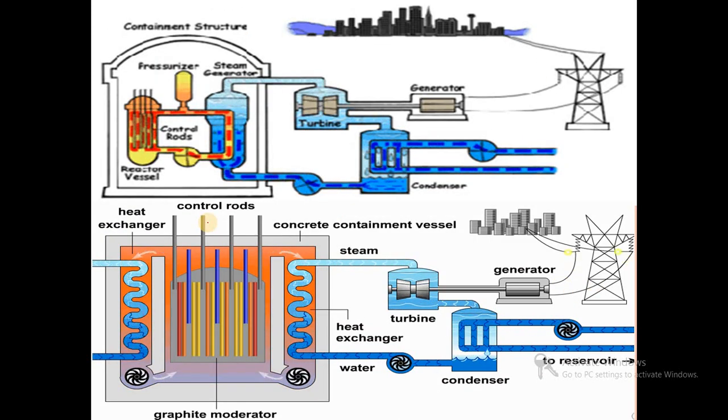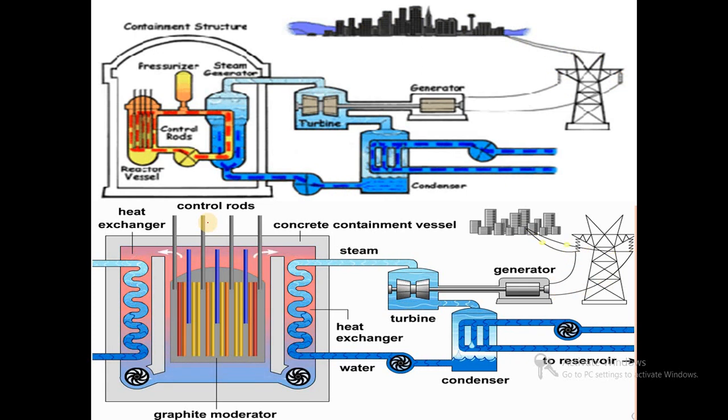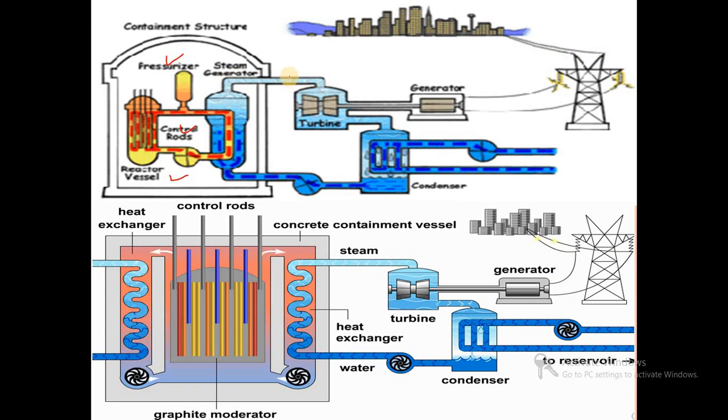This is the working of the nuclear heavy water reactor. Water is circulated, and in the reactor vessel, with control rods and pressure controller, steam generation takes place. After steam generation, the steam circulates through the turbine, then passes through the generator, and electricity is produced.